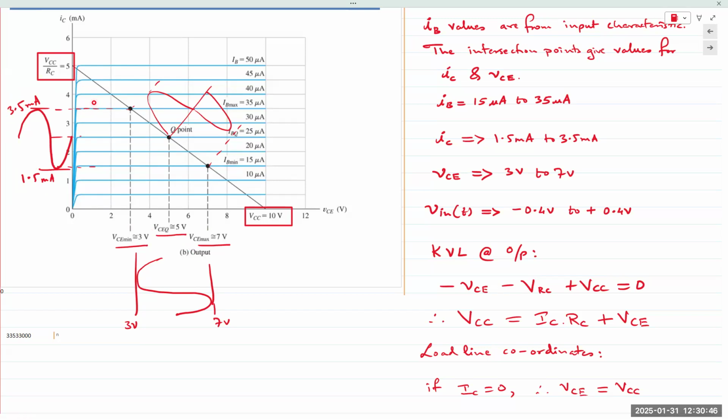So a small input voltage, we're applying a small AC voltage that only goes from minus 0.4 to plus 0.4, basically 400 millivolts. And that results in an output voltage swing of 4 volts. Okay. All right, so let's take a pause, and then I will summarize everything again.